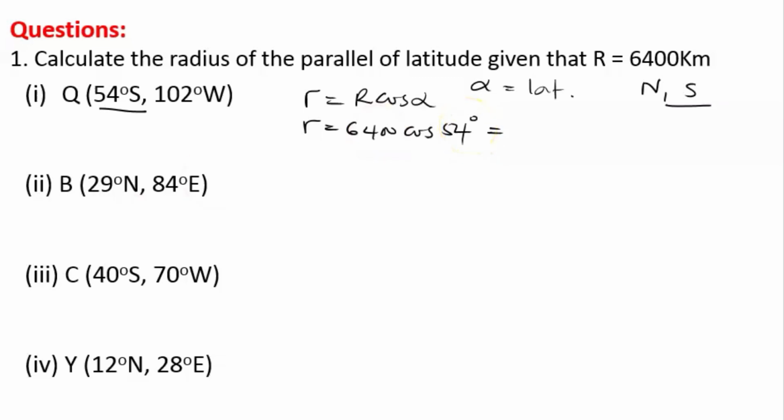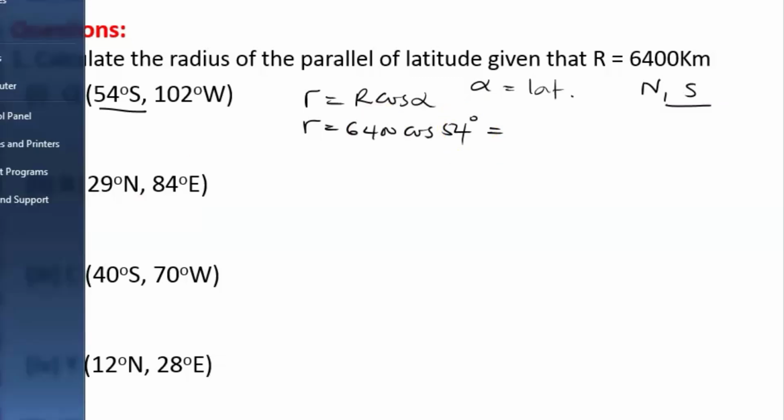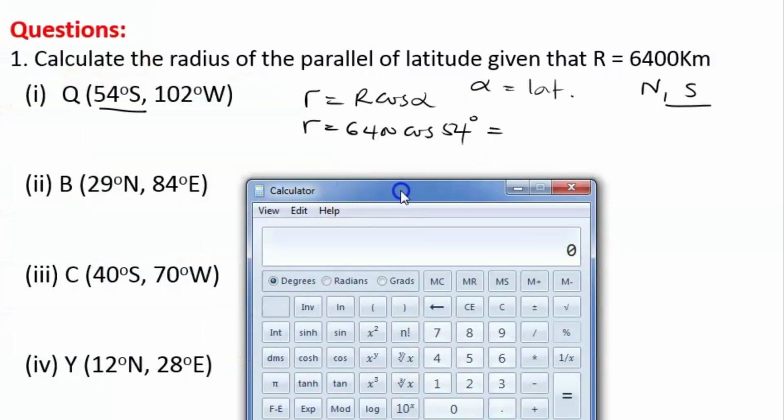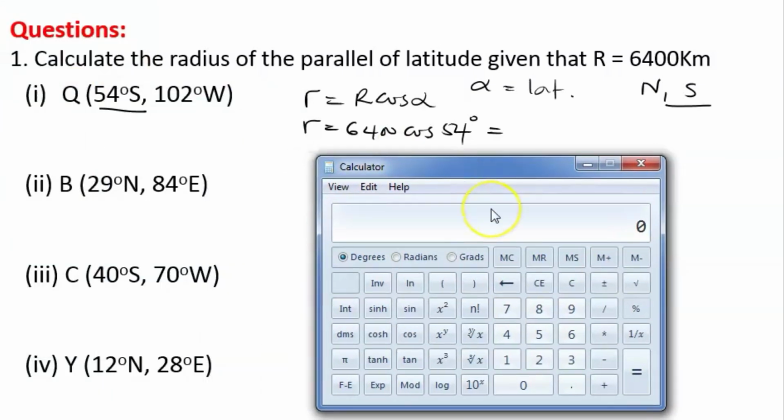If I pull up my calculator now for us to see this very clearly, you are going to notice that if we do cos of 54 and multiply by 6400, we are going to have our answer to be 3761.82.